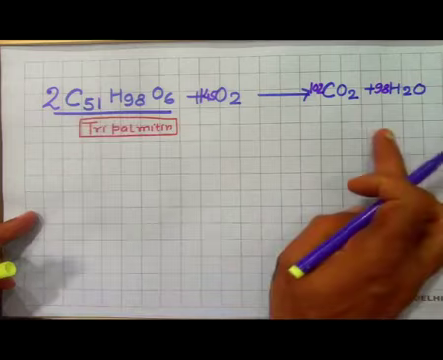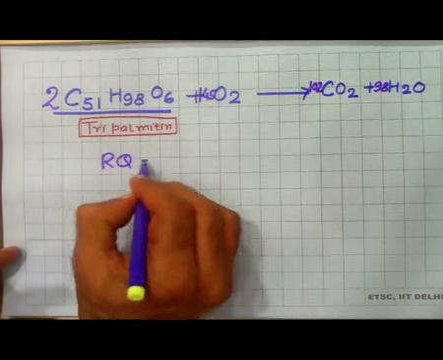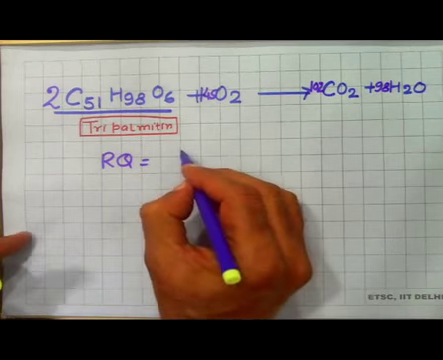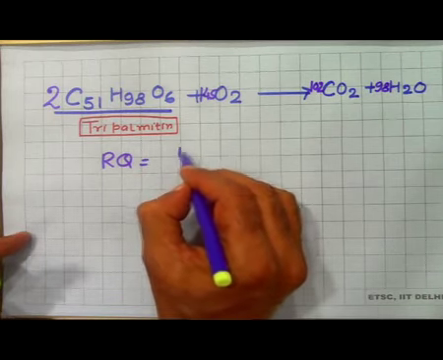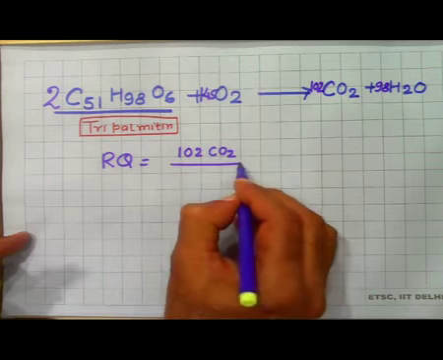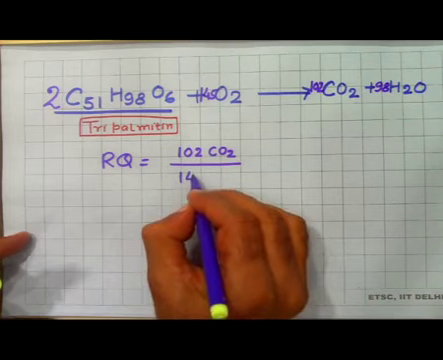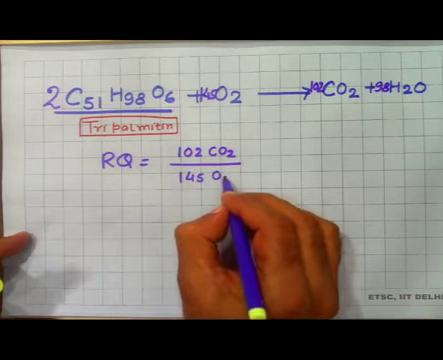Now, it is balanced. Now, what is the RQ? Volume of CO2 evolved, that is 102 CO2, divided by volume of oxygen consumed, that is 145 O2.